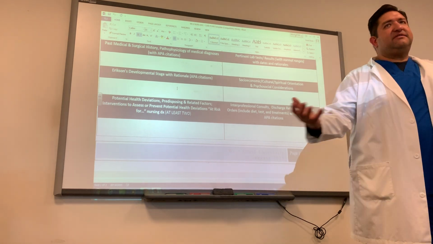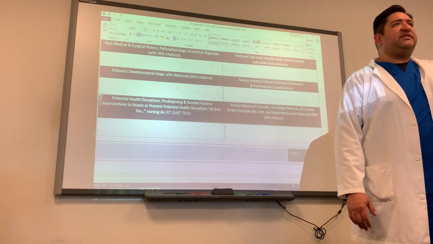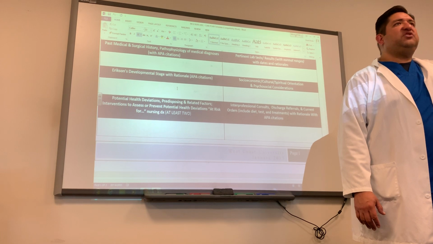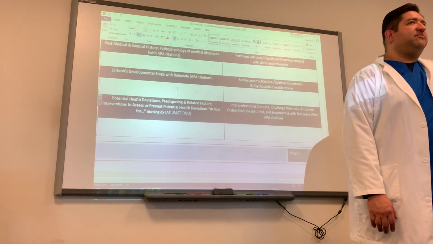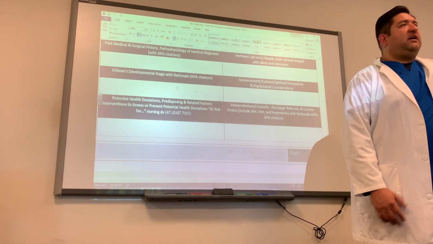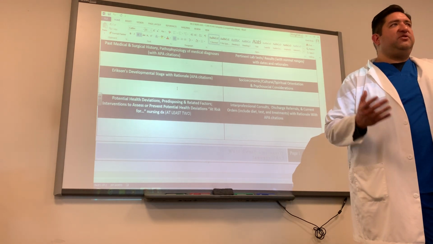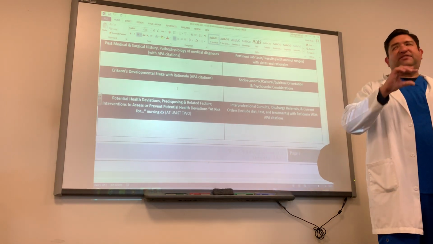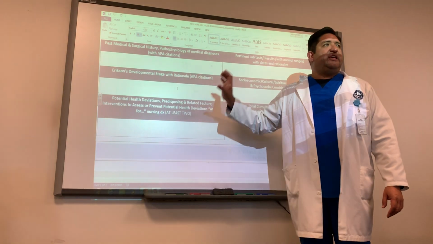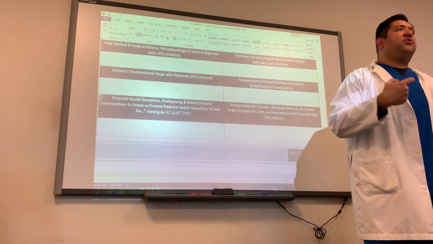Let's just say the patient lost his family many years ago due to a gambling addiction or something like that. Do you agree or do you not agree? So it's basically the definition of Erikson's and then your own statement on how this correlates with the patient.